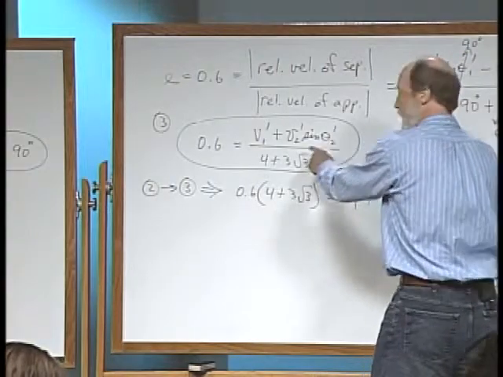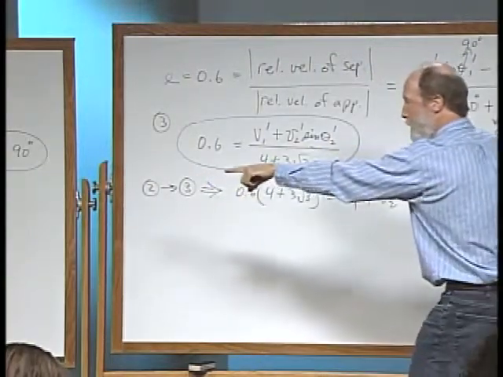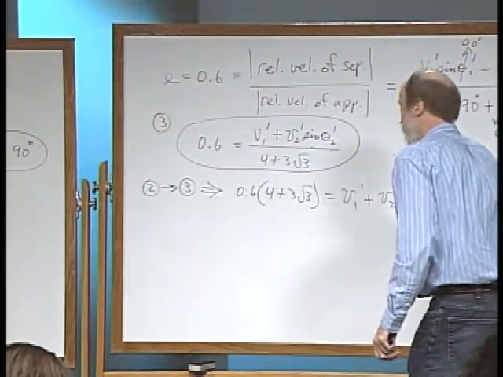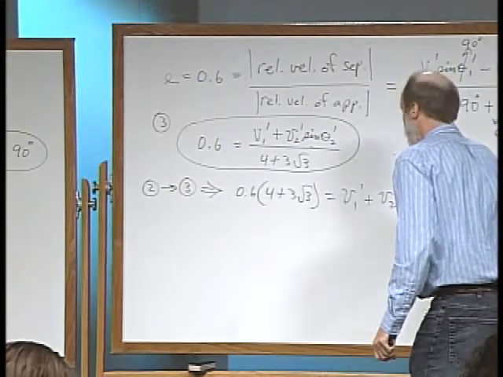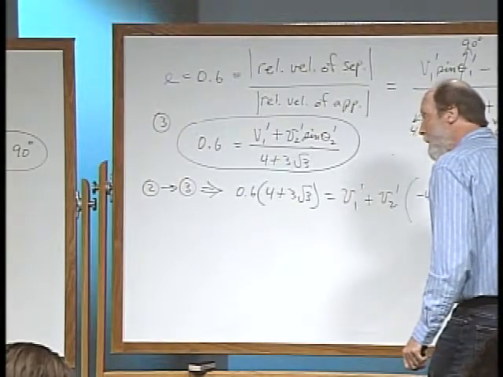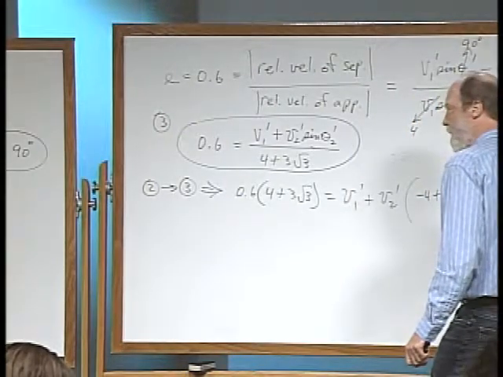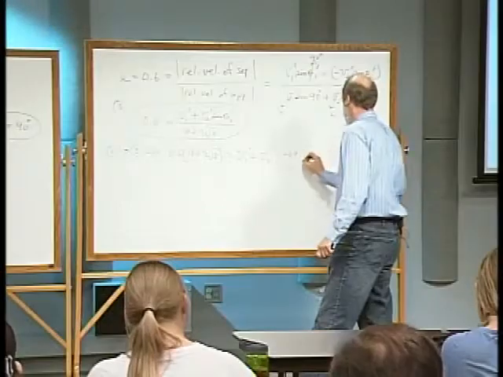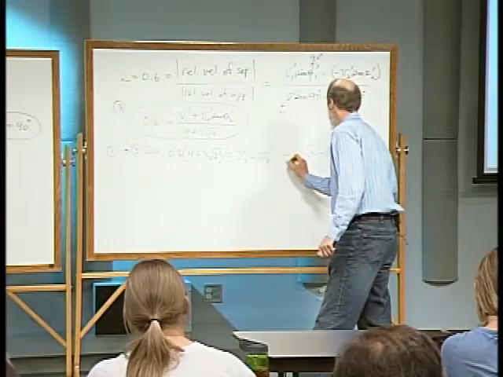Now the sine of theta 2, if I look down at that equation, is going to be this expression negative 4 plus 3 radical 3 minus v1 prime divided by theta 2 prime's negative.